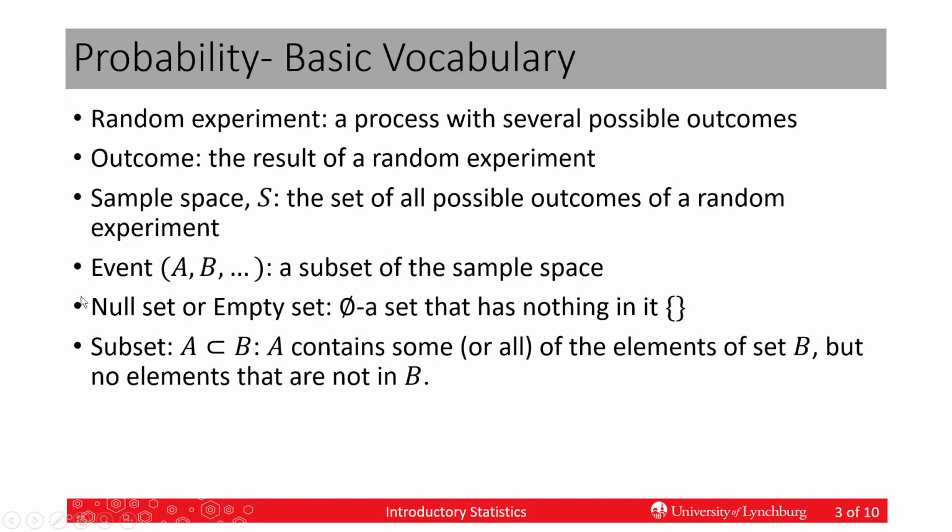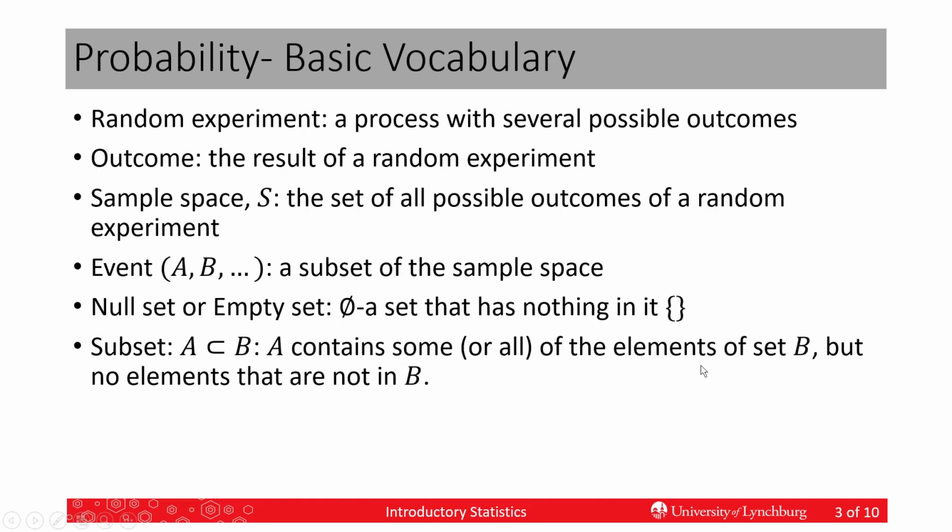Okay, now a subset. This says A is contained in B. Just like a less than sign, we have this U, and now the small side or the curved side is the smaller side. Just like with a less than, the point points towards the smaller side, right? And the opening points towards the larger. Well, again, just like this, A is contained within B. So A is a subset of B. That means that A contains at least some of the elements that are in B, or all even.